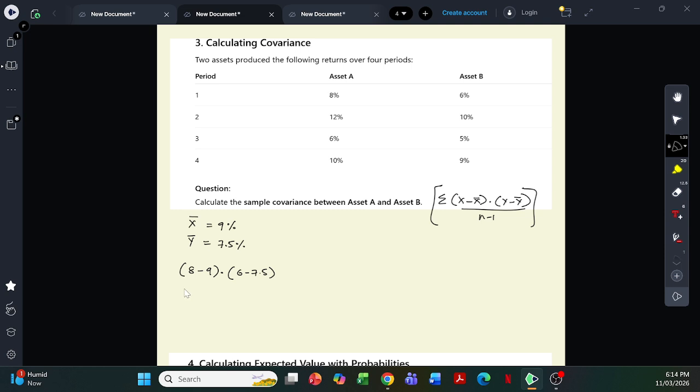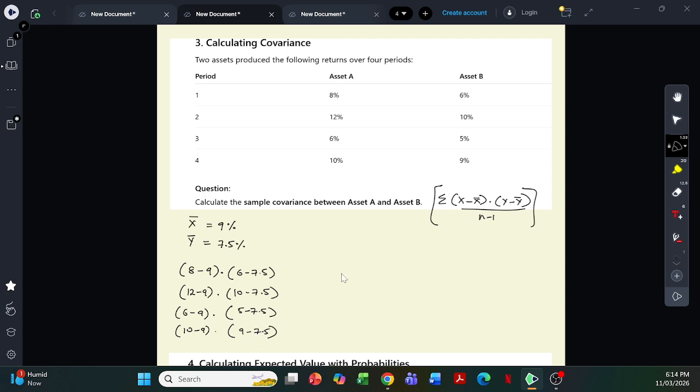Okay, then we're going to do 12 minus 9 multiplied by 10 minus 7.5. We're going to do 6 minus 9 multiplied by 5 minus 7.5. 10 minus 9 multiplied by 9 minus 7.5.